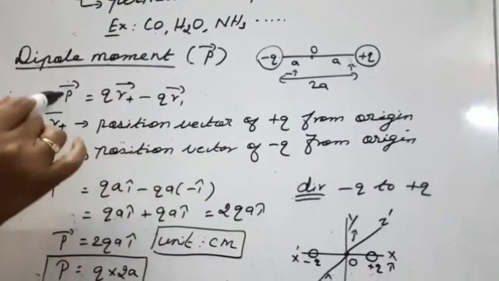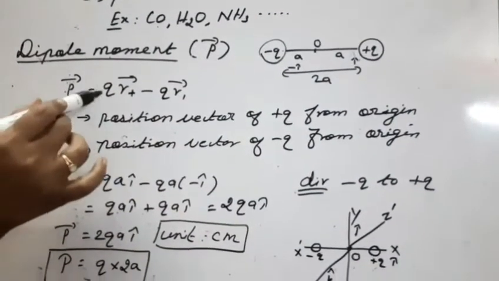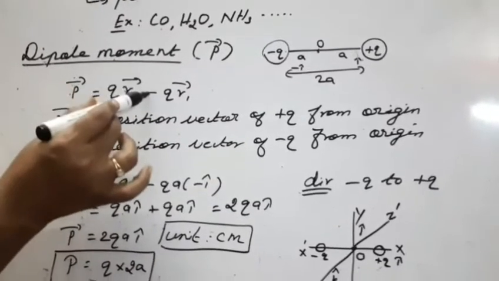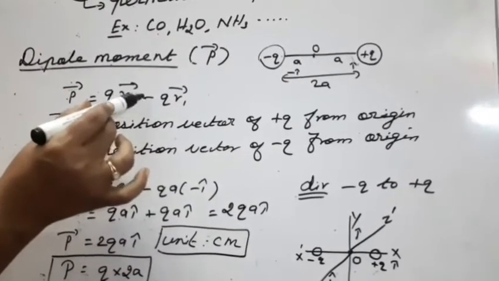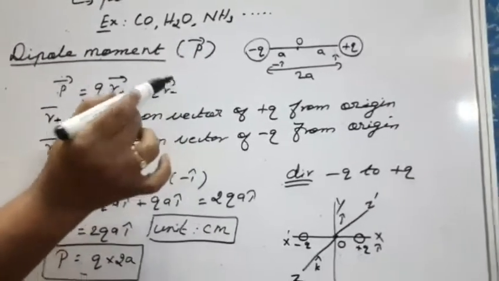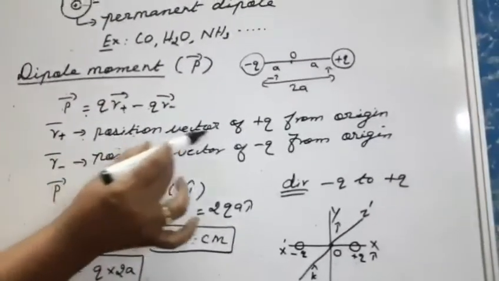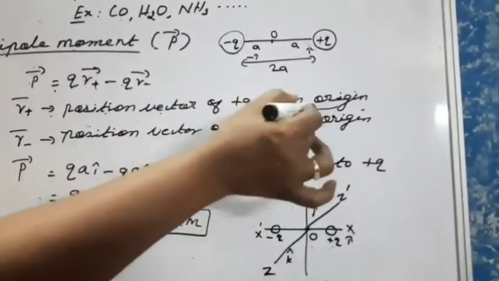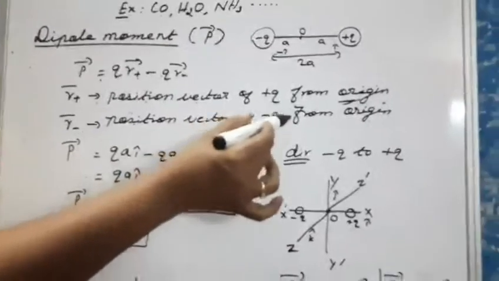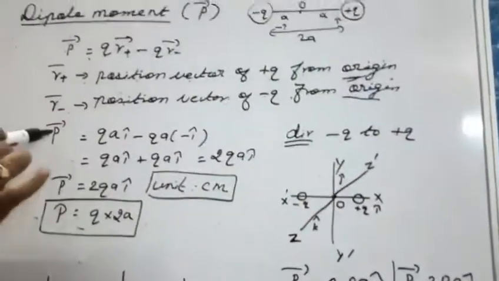Now, electric dipole moment P vector equals q into r plus vector, and then on the opposite side, minus q r minus vector. Here r plus vector is the position vector of plus q from the origin. r minus vector is the position vector of minus q from the origin.